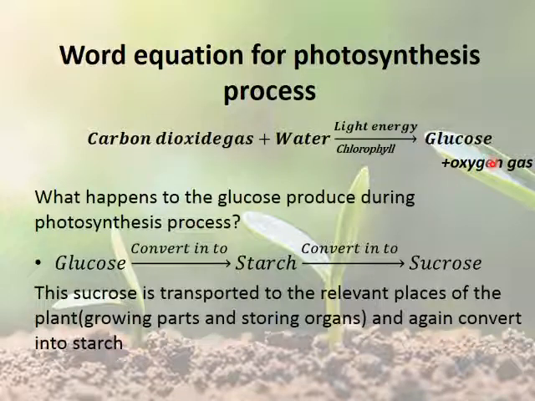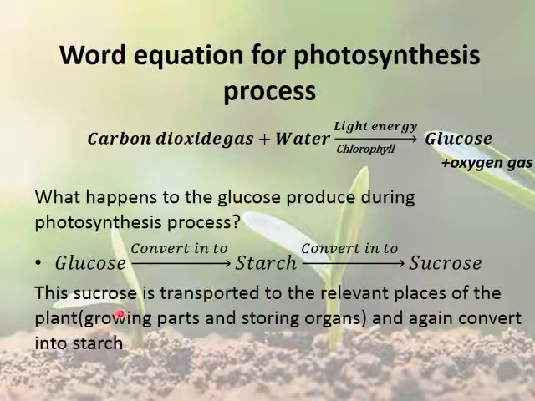So then, what happens to the glucose produced during photosynthesis? The glucose is first converted into starch. Not only that, later the starch is also converted into sucrose. This is the way food is transported through the plant parts.